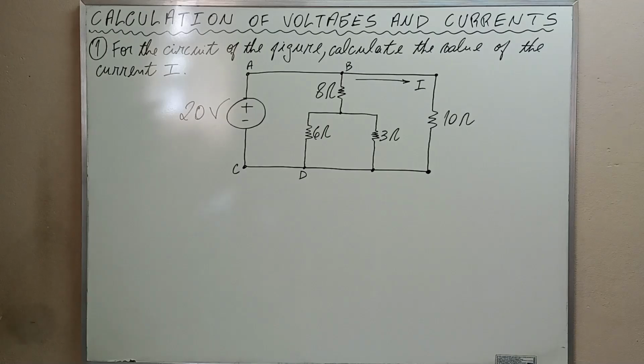In this way, the central branch will not influence the calculation of the current. The central branch would influence only if there were resistances between points A and B or C and D.